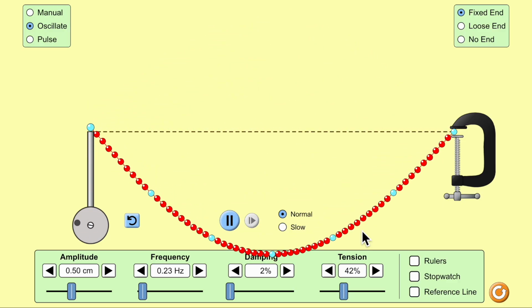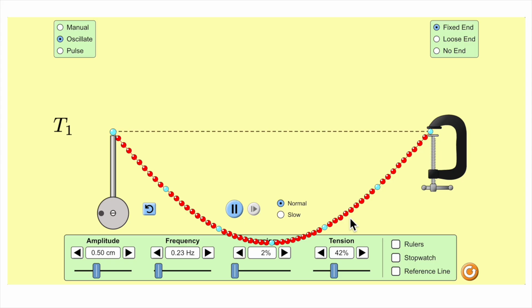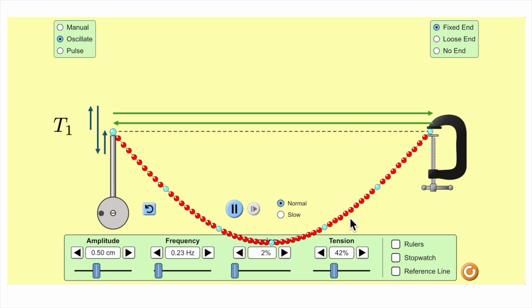To describe this mathematically, first consider the period of oscillation of the oscillator, which we will call T1. This is the time for the oscillator to complete one full up, down, and back up again motion. Compare this time with the time it takes for the wave to travel all the way down the string and back again to its starting point.